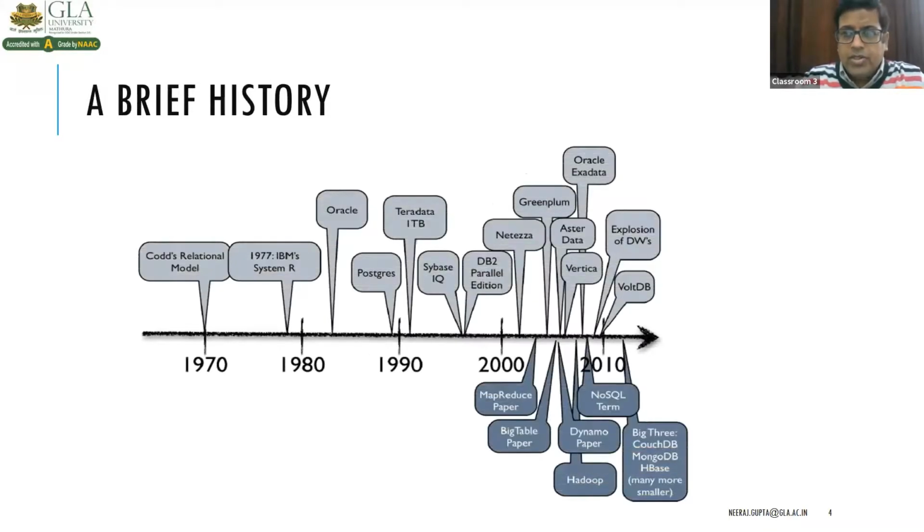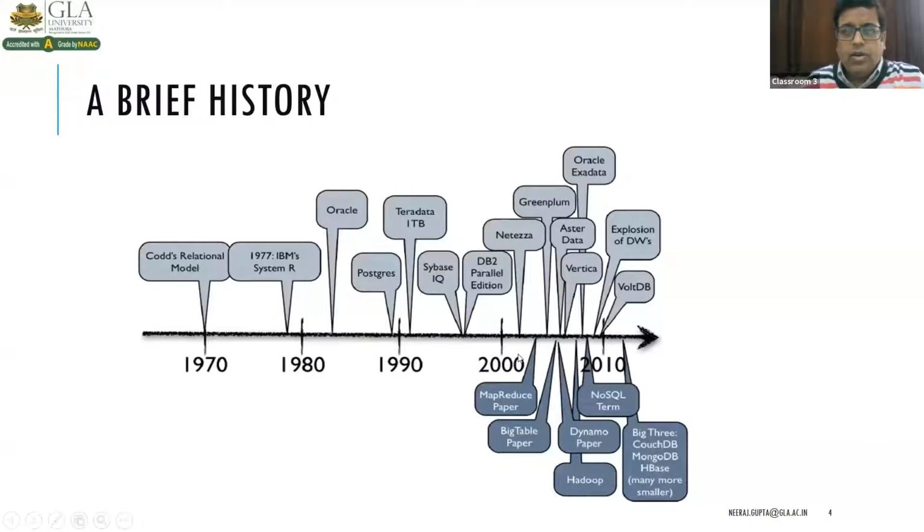So, the brief history of the database management system. In the 1970s, it started with the Codd relational model, and there was a lot of progress from that point until we reached 2020.